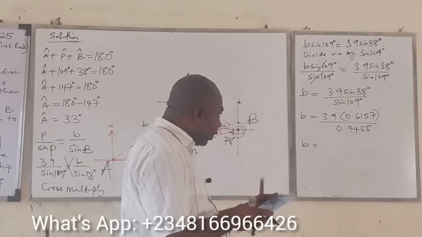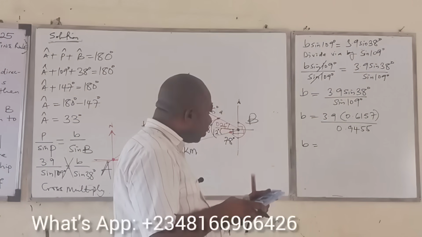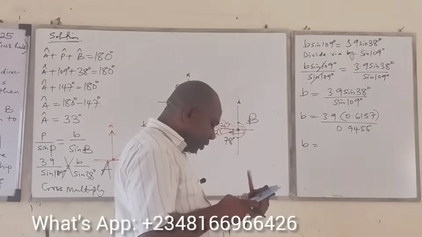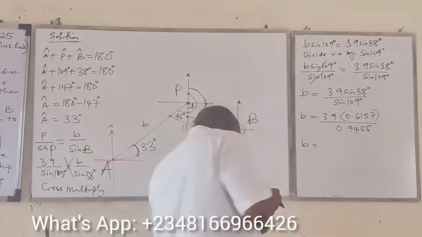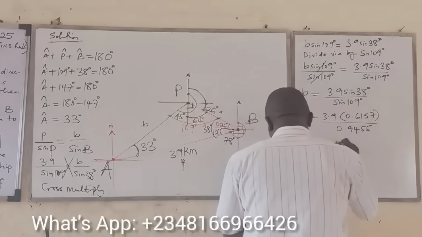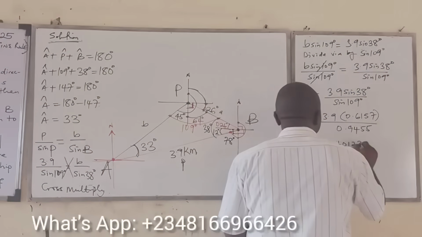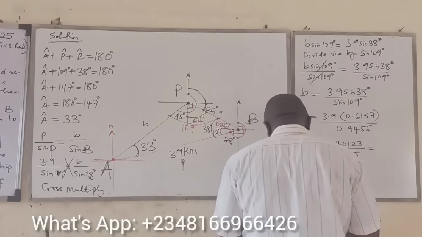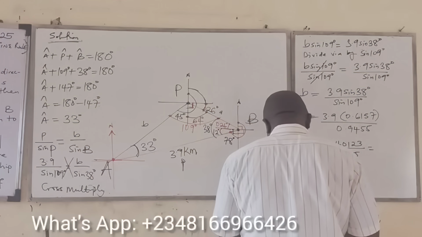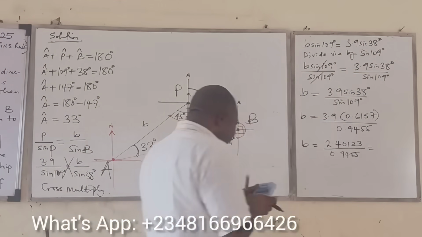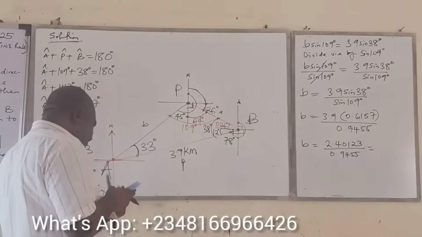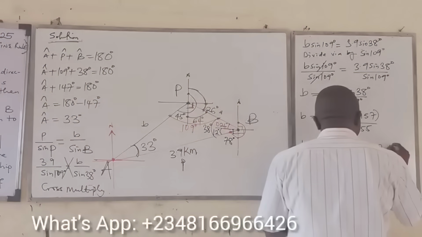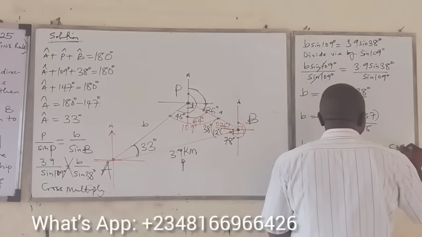0.6157 times 3.9 will give us 2.40123, divided by 0.9455. Now let's divide. That will give us 2.5396 kilometers.